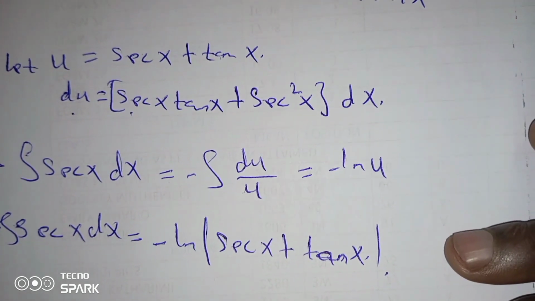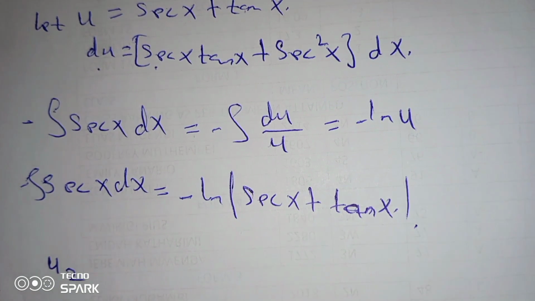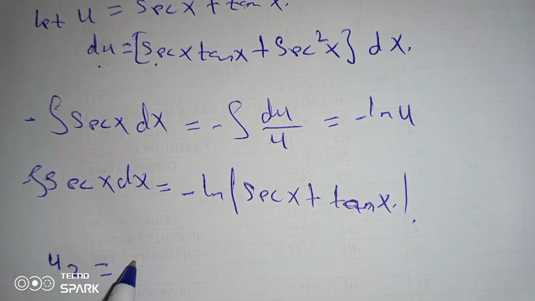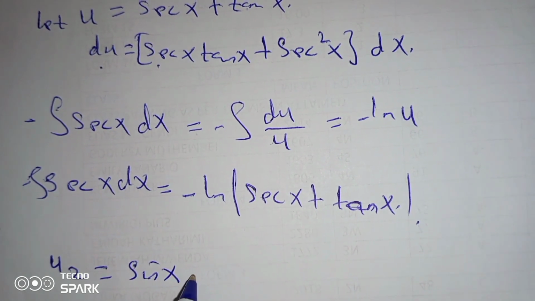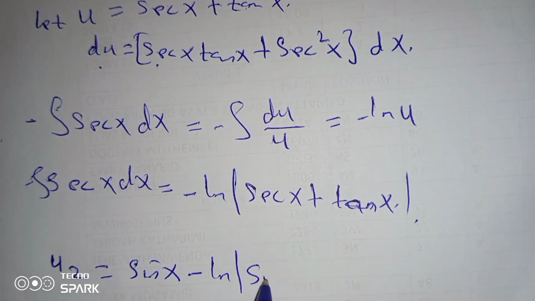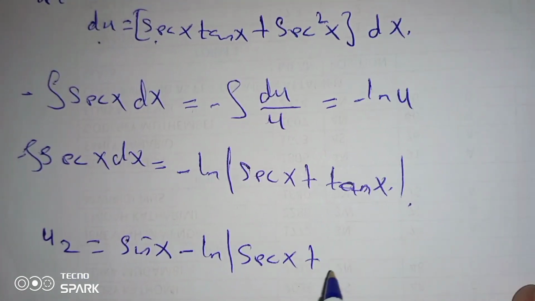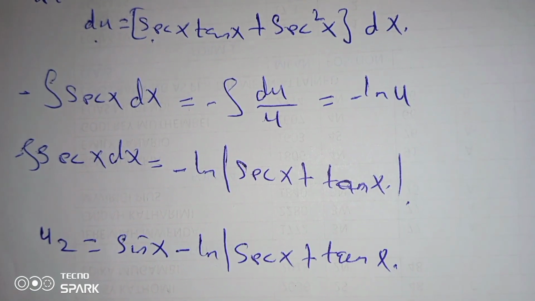So our u2 now becomes, from what we found there, sin of x minus natural logarithm of sec of x plus tan of x. That way.